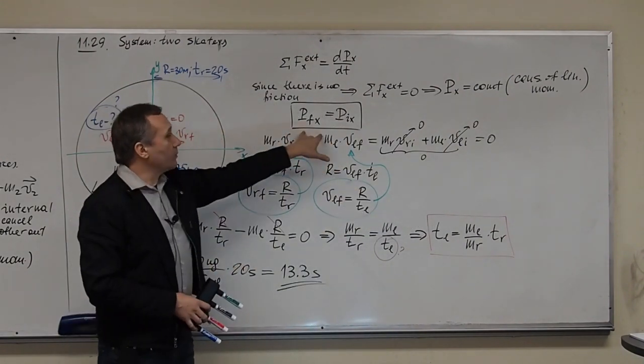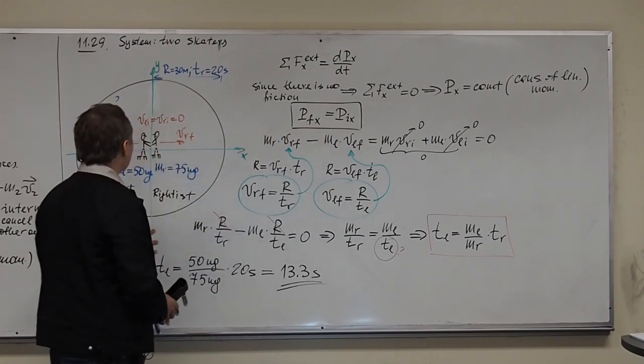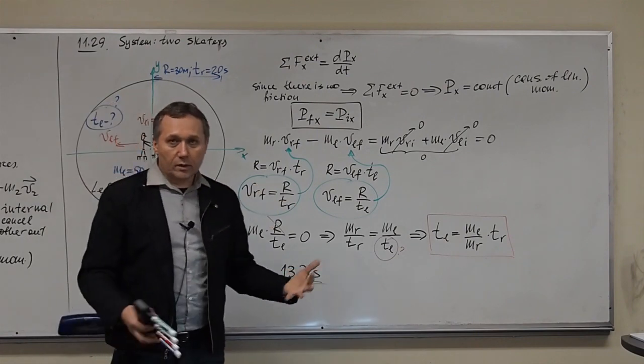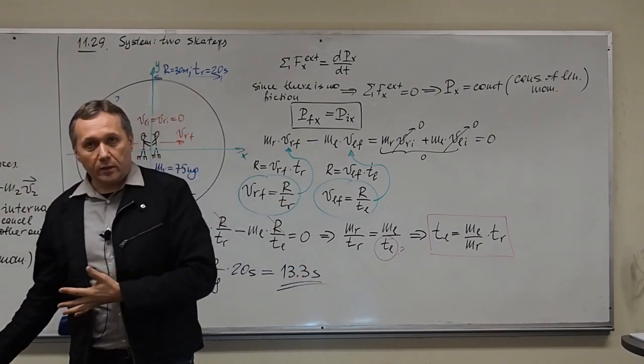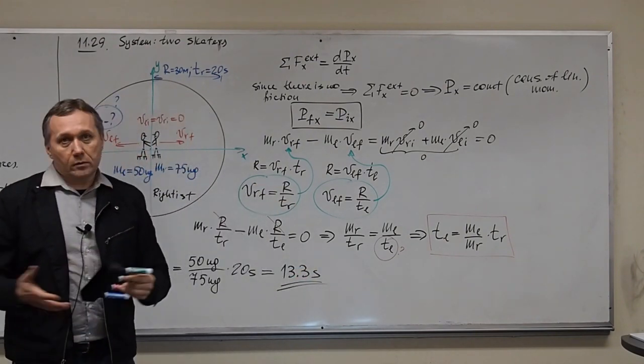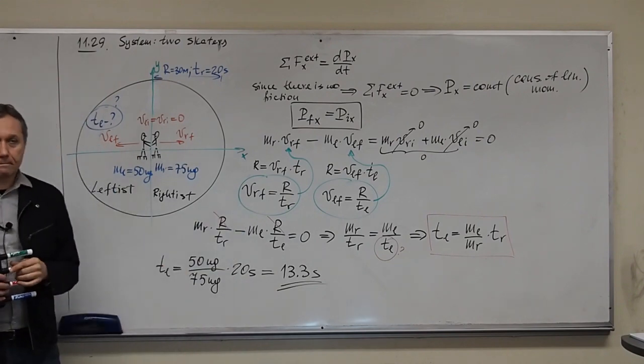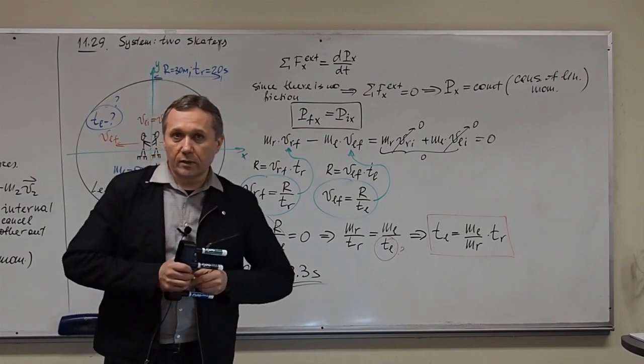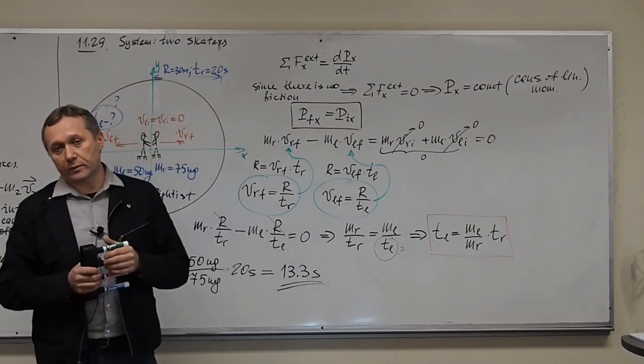Right? And then you can apply it. Of course, as I said, sometimes linear momentum in a certain direction is constant, but linear momentum in a different direction is not constant. But of course, in this case, conservation of linear momentum in the x direction was enough to solve this problem.